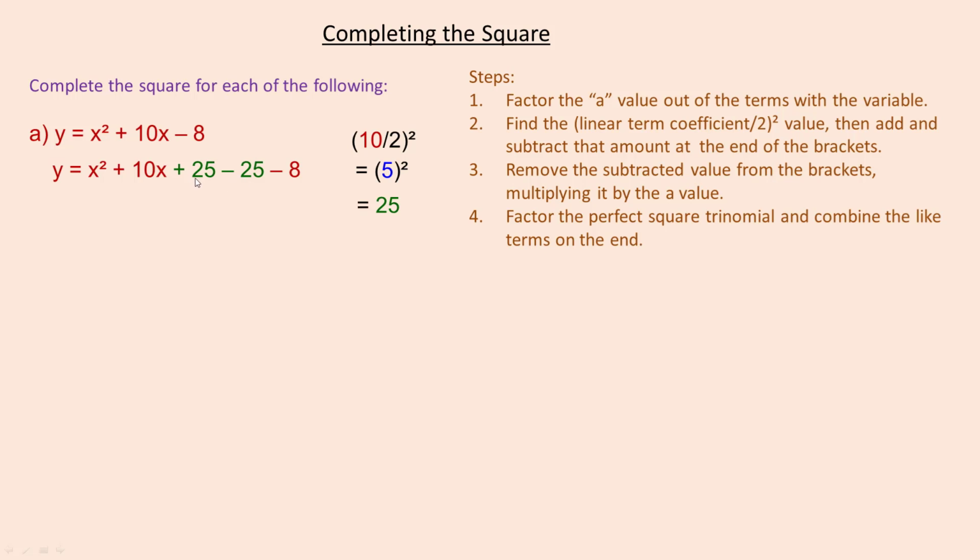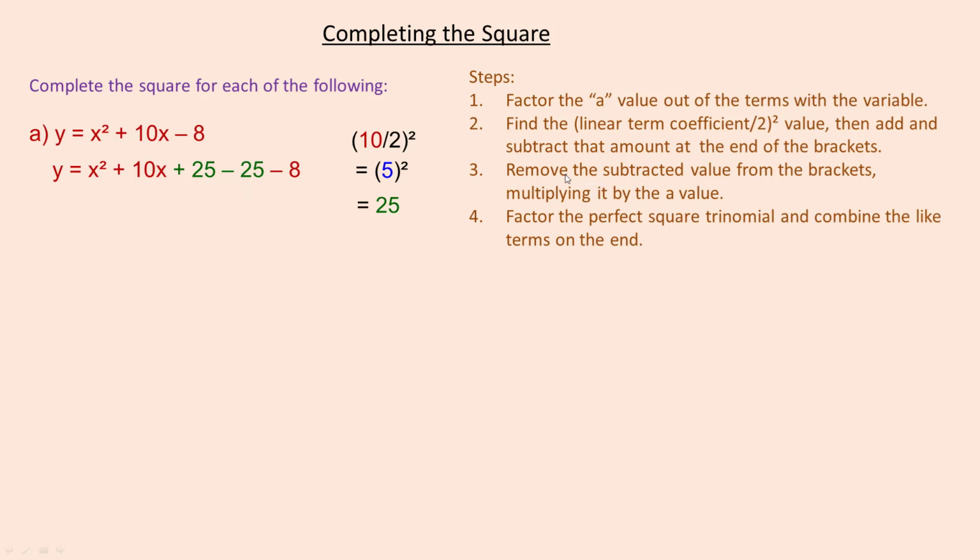If you're wondering why we add and subtract 25, we add 25 so that we have a perfect square trinomial. We subtract 25 to keep the equation at the same value, or balanced. If you add and subtract 25 to something, in net you have actually added nothing to it. But we need the 25 here so that this is a perfect square, and we subtract the 25 to keep it the same value.